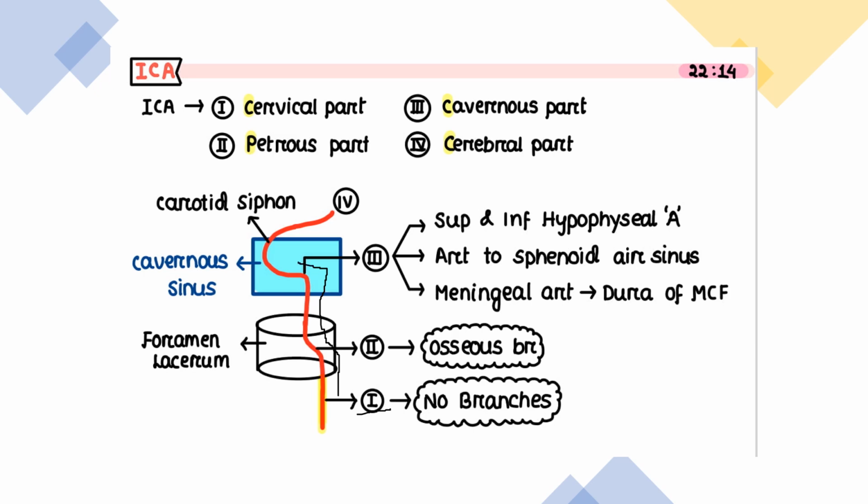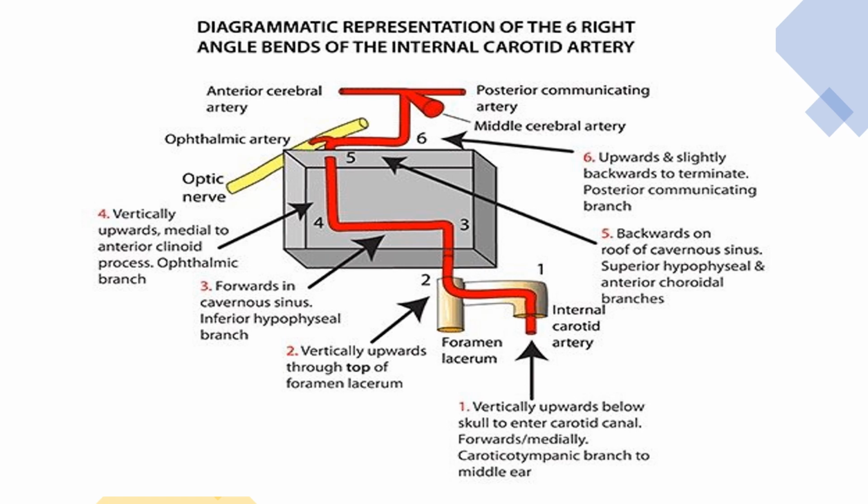See, this is the cavernous sinus, and it goes inside and comes out. The point where this artery comes out from the cavernous sinus is called the carotid siphon. This figure shows the diagrammatic representation of the six right angle bends of the internal carotid artery.